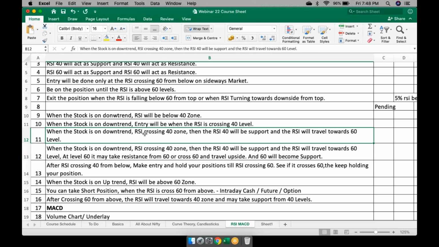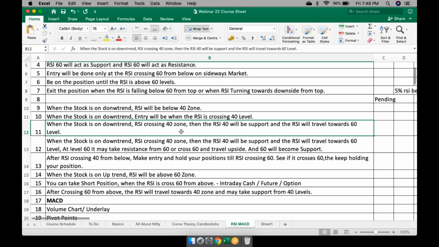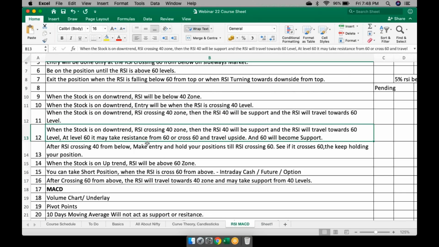When the stock is in downtrend and RSI crosses 40 zones, then RSI 40 will act as a support. RSI will travel towards the 60 level. Same thing which I have explained to you. It's typed here.